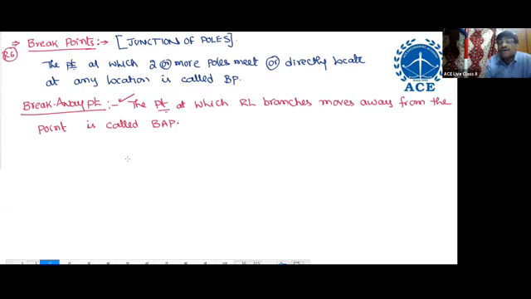But according to local author books, simply moving away from the real axis: the point at which root locus branches leave the real axis.